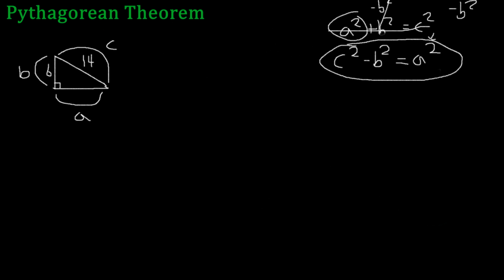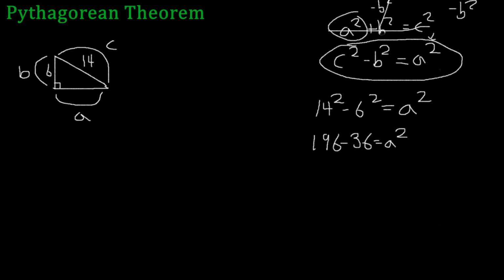So we know that c is 14, so 14 squared minus 6 squared equals a squared. So we have 196 minus 36 equals a squared.